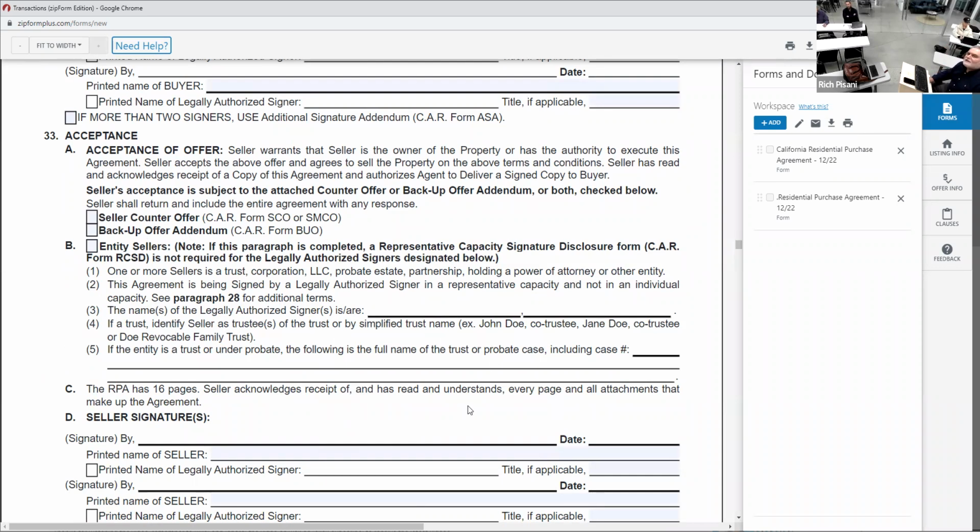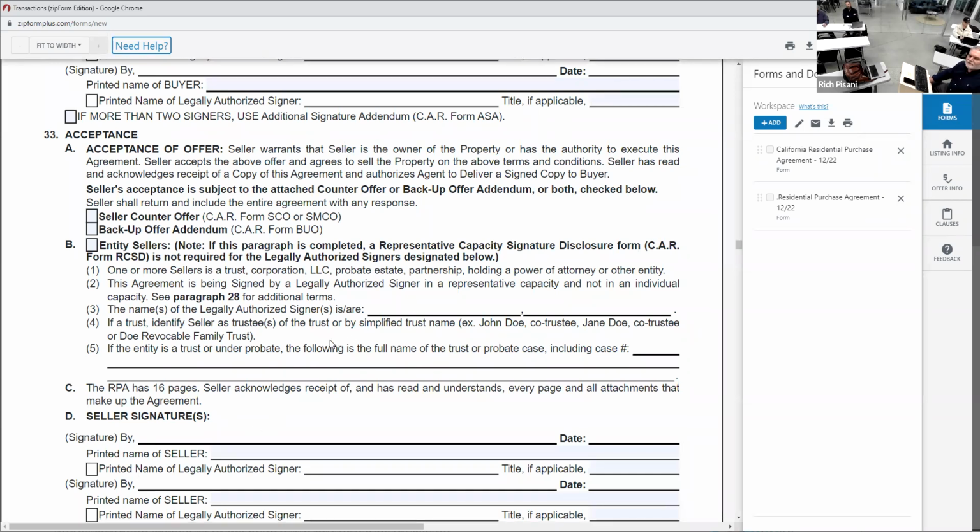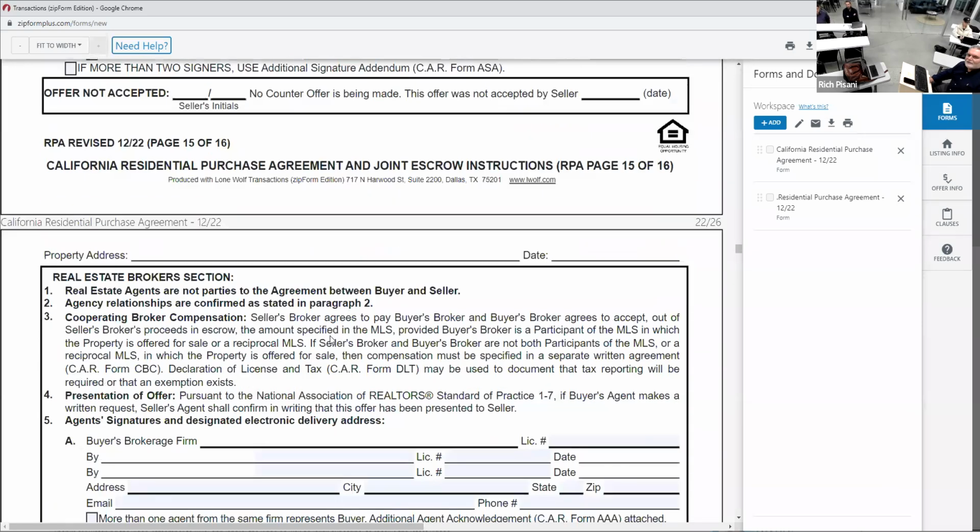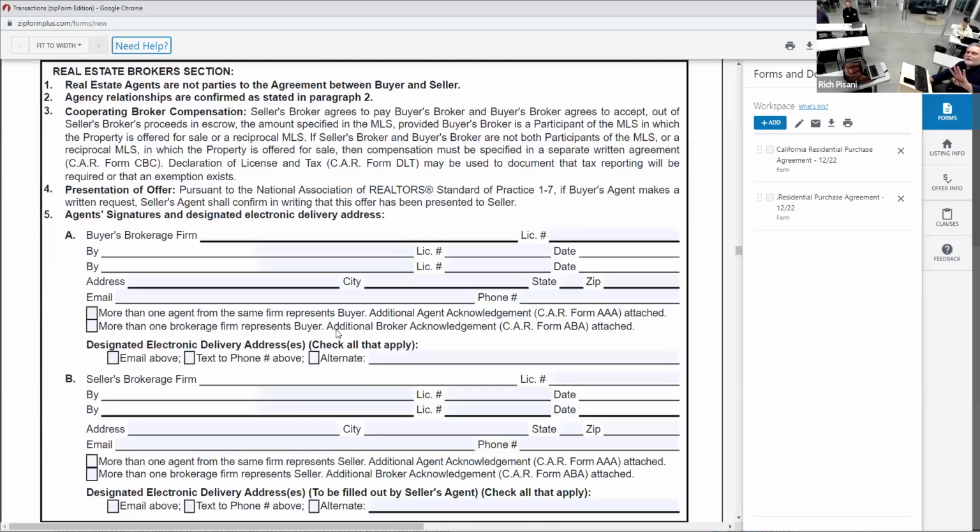And once again, if the seller is an entity, then you fill this out exactly as you did above. So that's that. This is the last thing I'm going to cover, the real estate brokers section. Couple of things here.